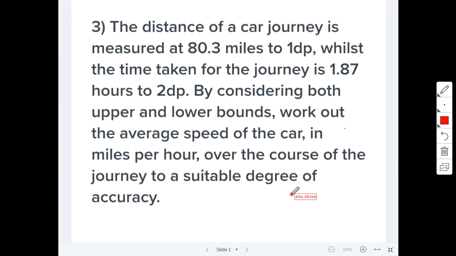You are actually calculating the minimum and the maximum value, right? So if you want to calculate the maximum value for something, take the example of speed equals distance over time, and you want to calculate the maximum speed, so definitely distance should be larger. Is this point clear? If distance is larger, then only speed is larger.